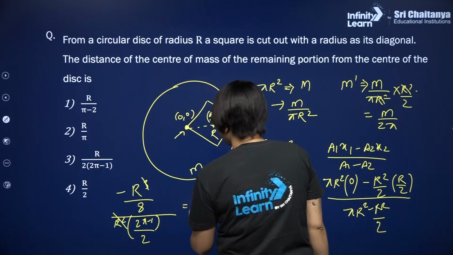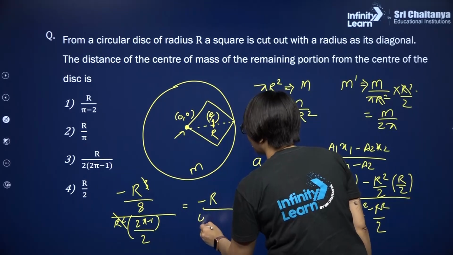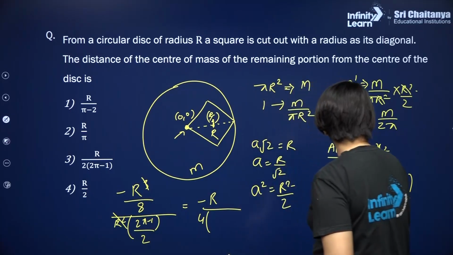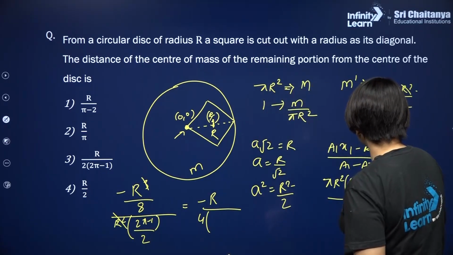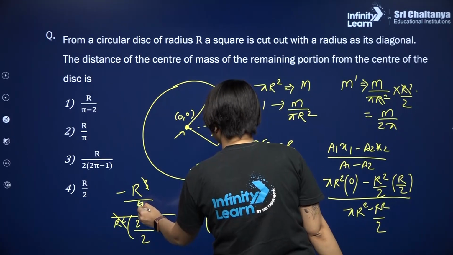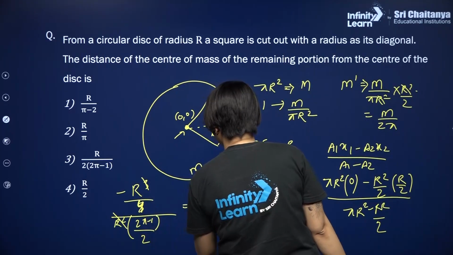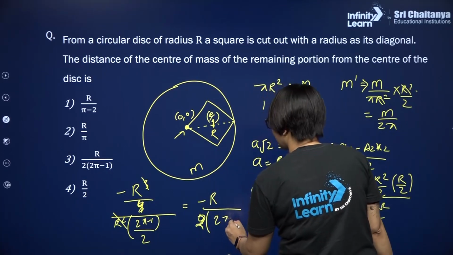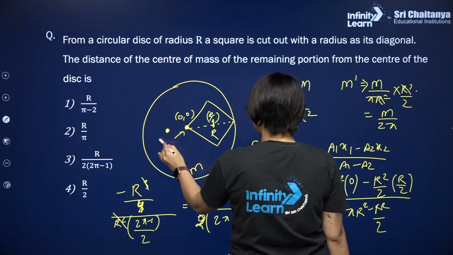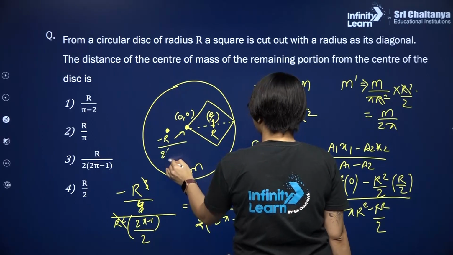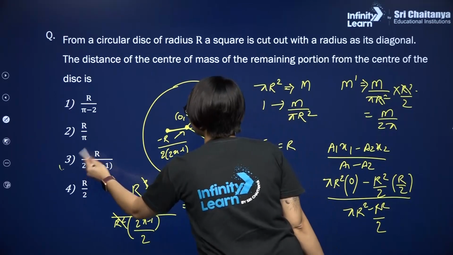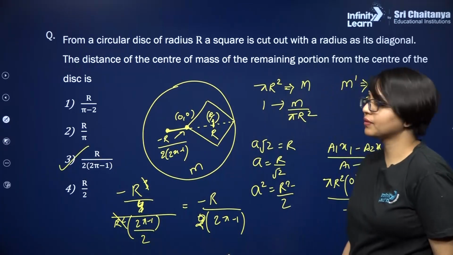So it is minus r upon 4 times, this will be 4, this will be 4, 2 times 2 pi minus 1, right. So now you can see that the new center of mass is here at minus r upon 2 times 2 pi minus 1. So the shift is this much, which is equal to this value, option 3.